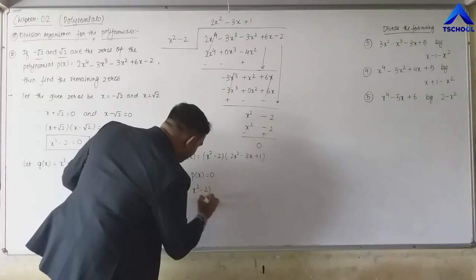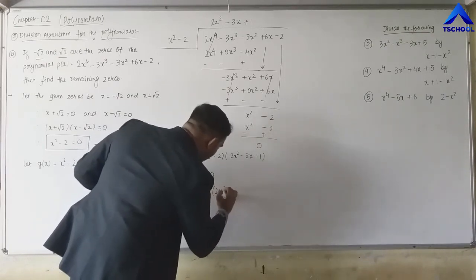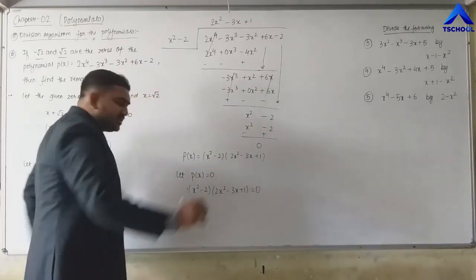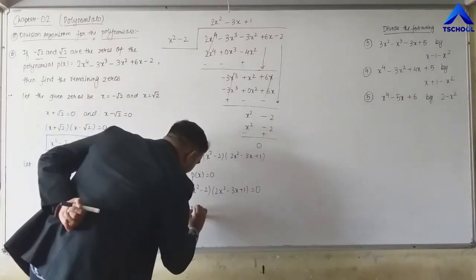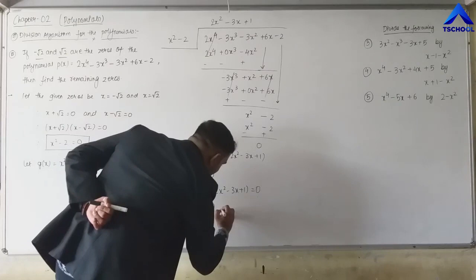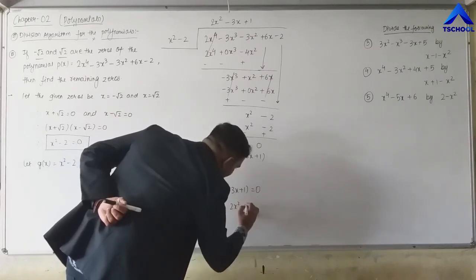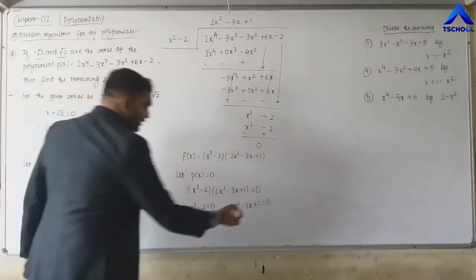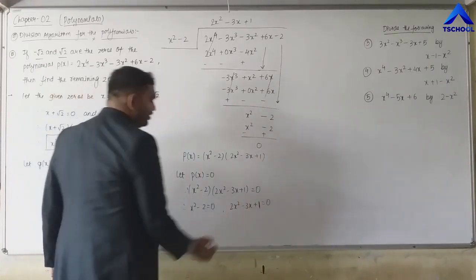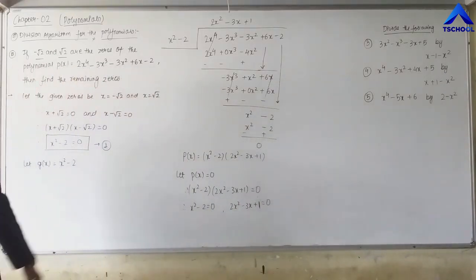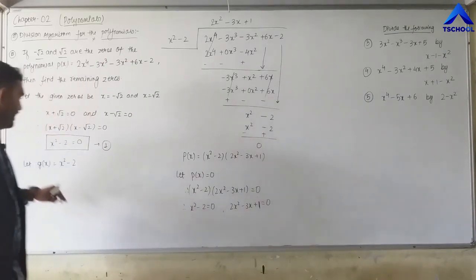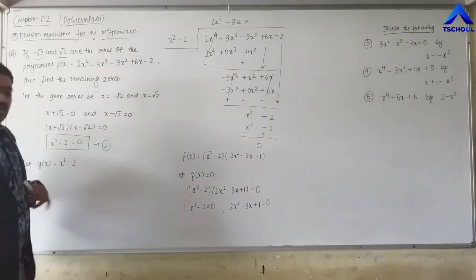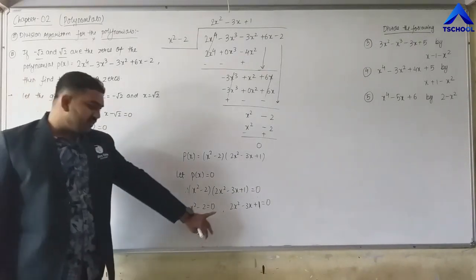Therefore x square minus 2 into 2x square minus 3x plus 1 equals 0. Therefore x square minus 2 equals 0, or 2x square minus 3x plus 1 equals 0. But you can see clearly at equation number 1 that x square minus 2 is already 0, that we have already verified here. So we are not going to solve this.